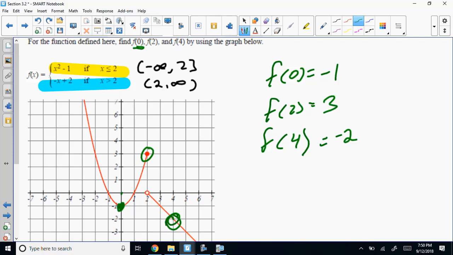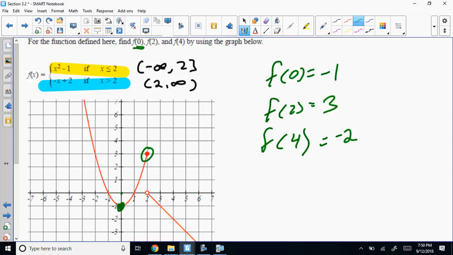All right, go to 4 on the x-axis. Now look up, look down. Where does 4 intersect that line? It intersects it at what y value? The negative 2. That's exactly right.